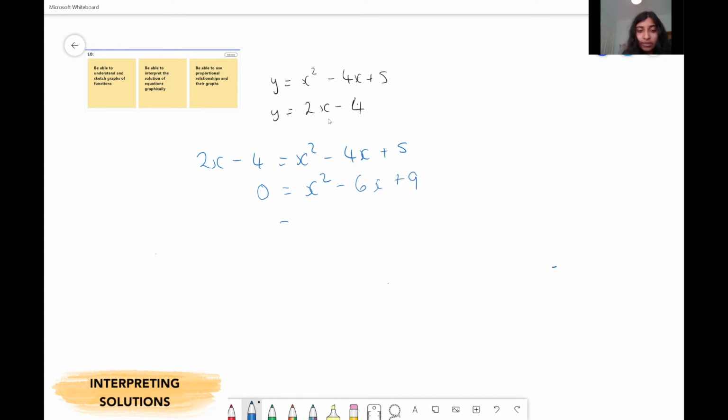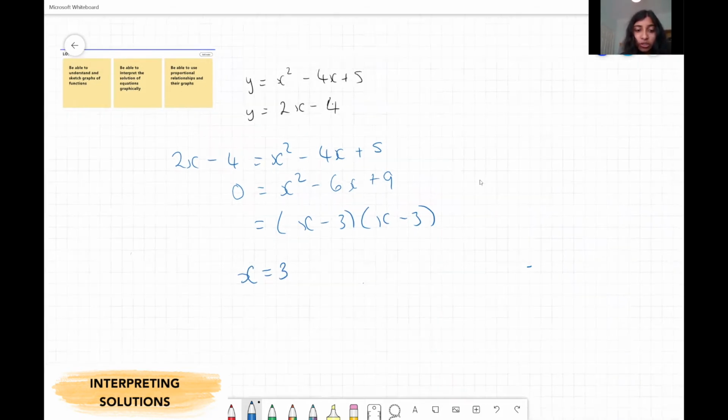Then if you factorize this, you would get x minus 3 and x minus 3. So the only solution is x equals 3. The next thing you want to do is draw the two graphs.